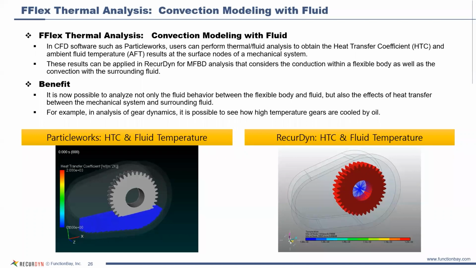both the conduction within the flexible body as well as the convection with the surrounding fluid. So we would first start out with the ParticleWorks simulation here on the left, and we're calculating the heat transfer coefficient. And then we would bring those results into RecurDyn, and this is a contour plot of the temperature, and we can see how this particular body is being cooled by the fluid.